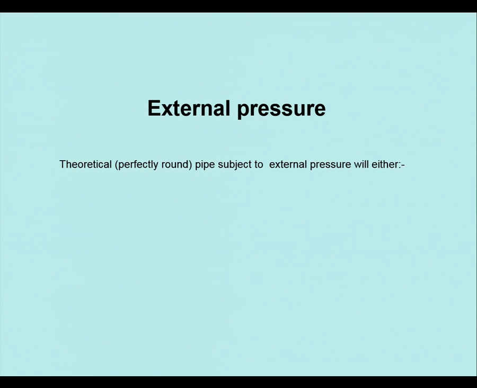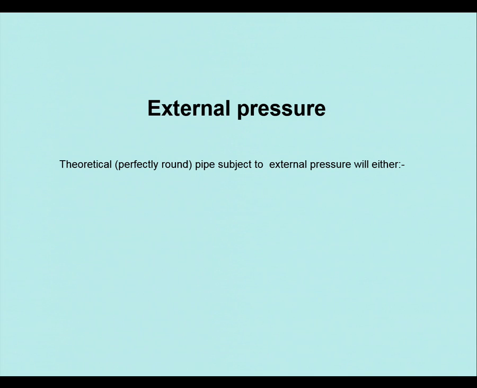So, which one is radial stress? Radial stress, that's the one that way. So the external pressure is going to give me a compressive hoop, and the internal pressure is going to give me a tensile hoop.